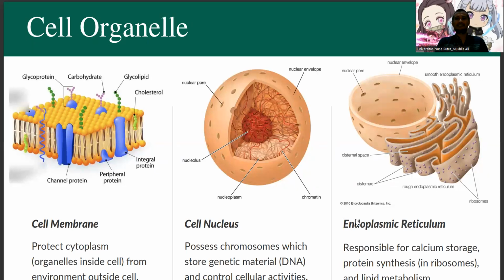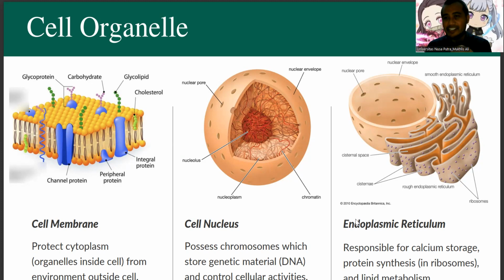Okay, next we talk about cell organelles. We have different kinds of cell organelles. The first one is the cell membrane. The function is to protect the cytoplasm or organelles inside the cell from the environment outside the cell.